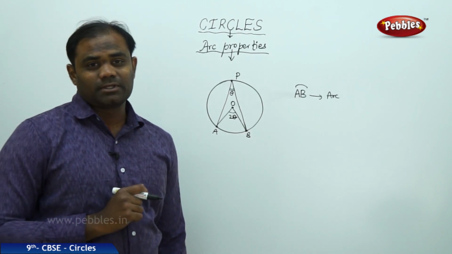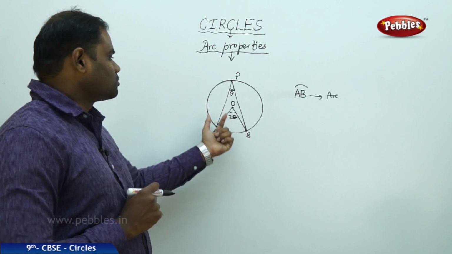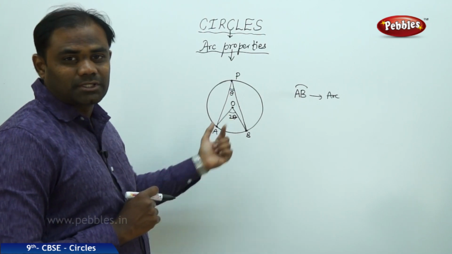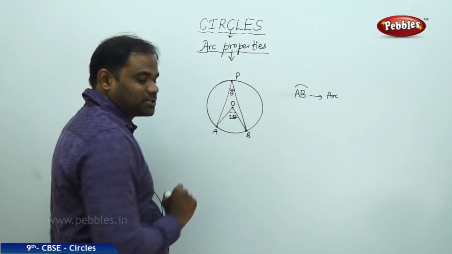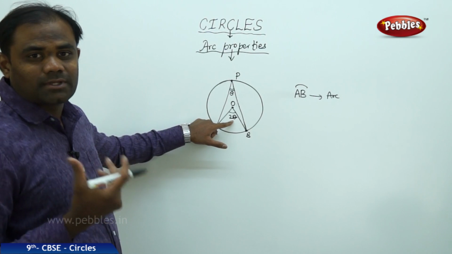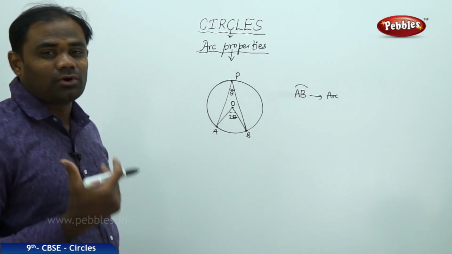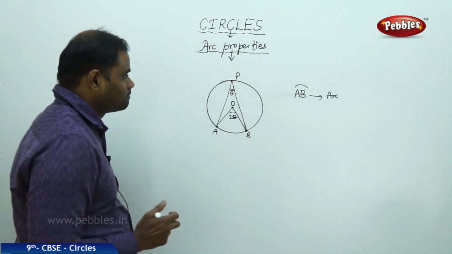If this is 30 degrees, this will be 60 degrees. If this is 40 degrees, this will be double of 40, which is 80, and so on.